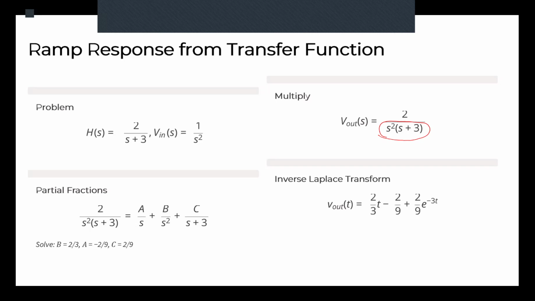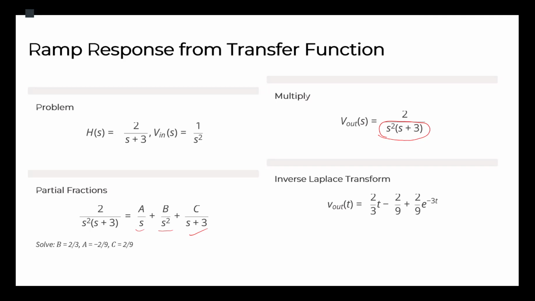We have a repeated pole. We already said that if we have a repeated pole, we have to consider all the powers of that repeated pole. So if we have an s squared, we have to have the s in one term in the denominator and then s squared in another term in the denominator. Is that clear what I'm talking about? And the next pole, which is the zero of the denominator, is going to be s plus 3.